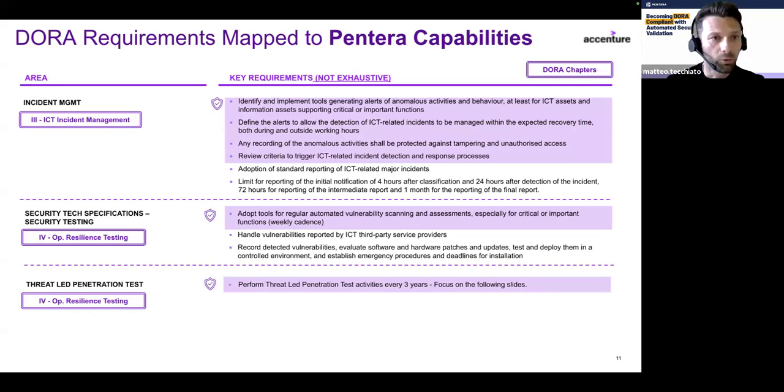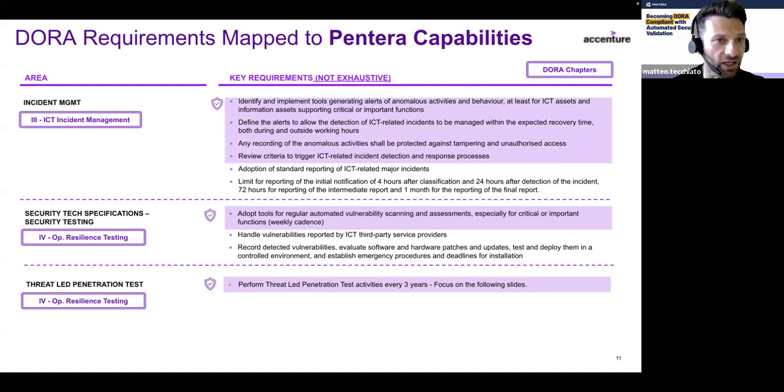Yeah. Looking at this slide, we move to the detection phase. In particular, DORA has a specific section related to incident management. First of all, the objective is to have a standard process for all financial services institutions that are able to manage cyber threats in the same way, with the same level of reporting, with the same approach, and with the same level of management of the cyber threats.